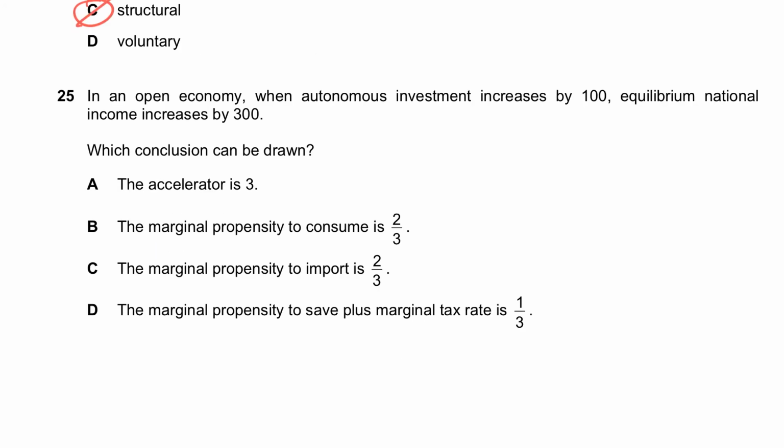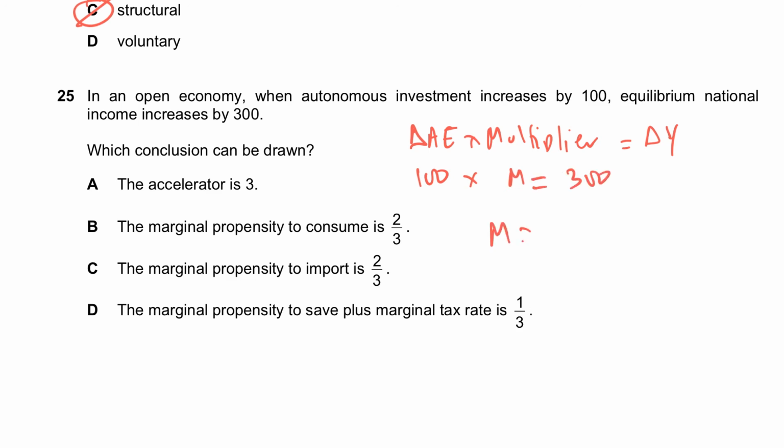In question number 25, they say, in an open economy, when autonomous investment increases by 100, equilibrium national income increases by 300. So this means that change in AE times multiplier is equal to change in Y, where change in AE is the autonomous investment, which is 100, times multiplier is equal to 300, which means multiplier is equal to 3.